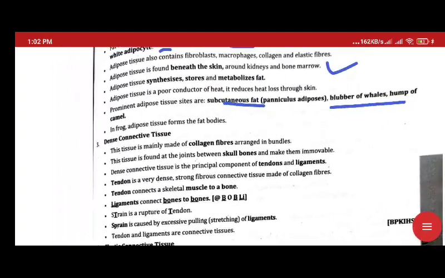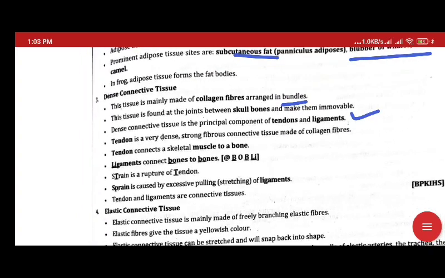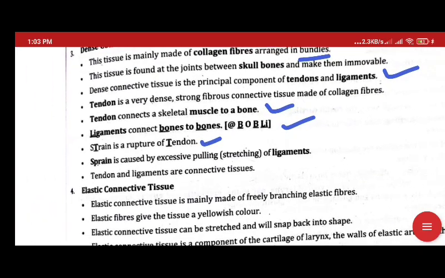In dense connective tissue we have collagen fiber in bundles that makes it dense. Here we have tendons and ligaments. These tendons and ligaments we have already discussed. Tendons connect bone to muscle, ligaments connect bone to bone, and tendons produce strength.